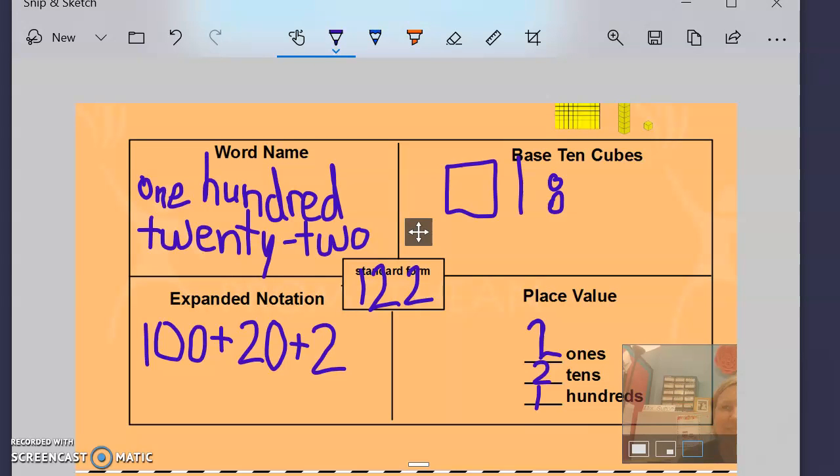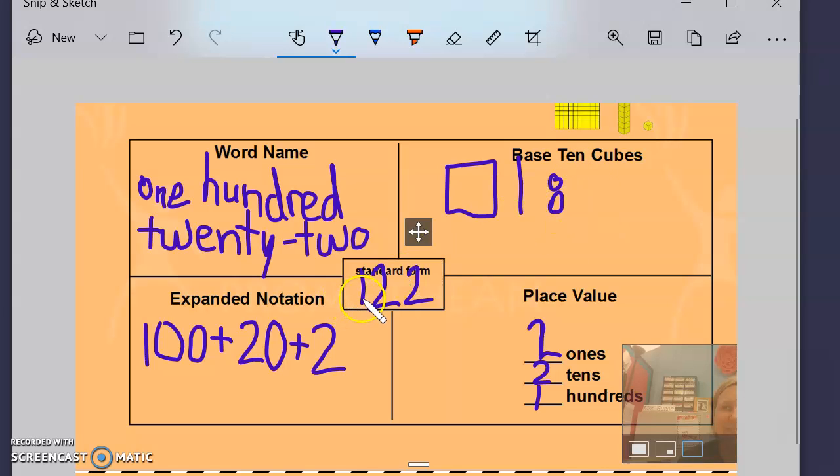All right, good to see you. Check yours with mine. The word should be 120, then the hyphen, 2. Then you should have a 100 block, a 10 block, and 2 ones. Remember, I don't just put dots for my ones because I want to really be able to see that they are ones.